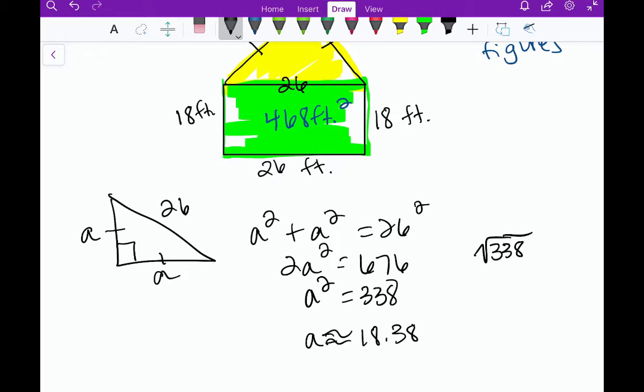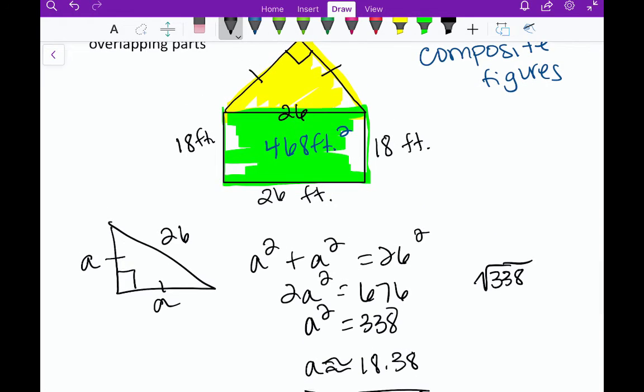So let's see if any perfect squares go into 338. 338 divided by 16, no. 338 divided by 36. 338 divided by 49. Okay, I can't find a perfect square. Maybe it does, but let's just leave it at this. So that's the area of the triangle, 18.36.